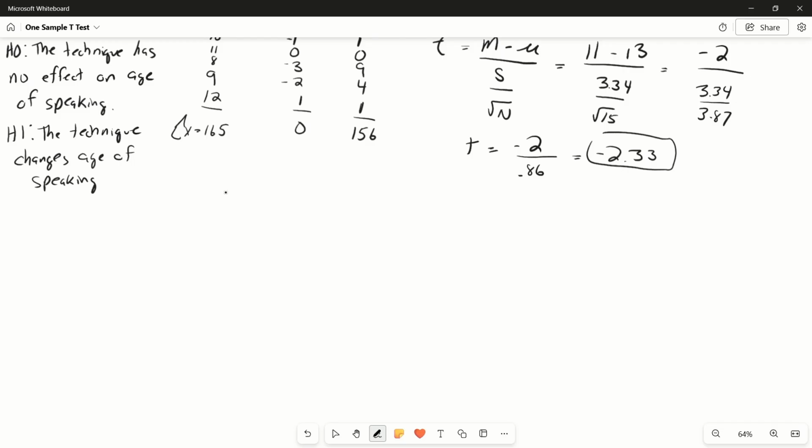Now, previously you had the critical z-scores, and I gave you those z-scores, right? 1.645, -1.645 for 0.05 one-tailed, 1.96 plus or minus 1.96 for 0.05 two-tailed, and then 2.33 for 0.01 one-tailed, or -2.33, and then 2.58 plus or minus for 0.01 two-tailed. Those are the four critical values of z.